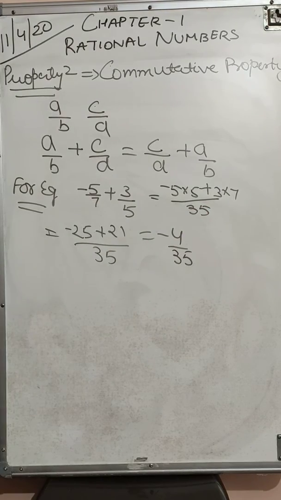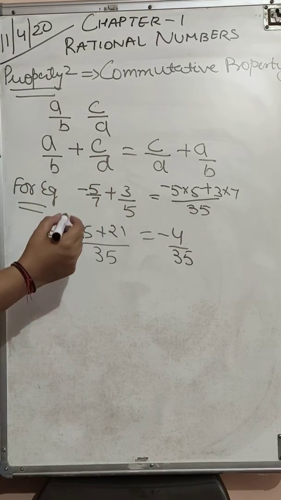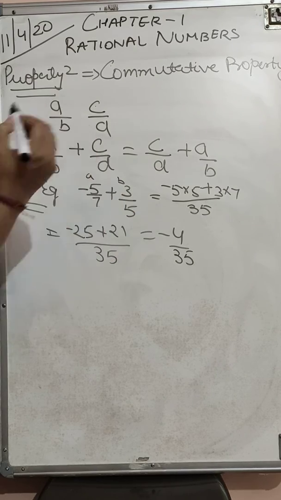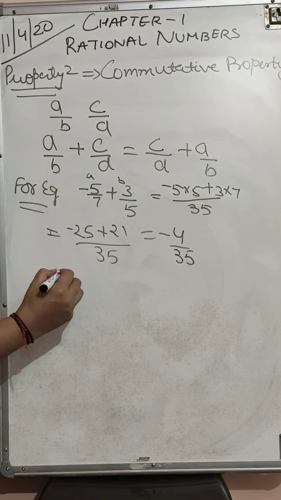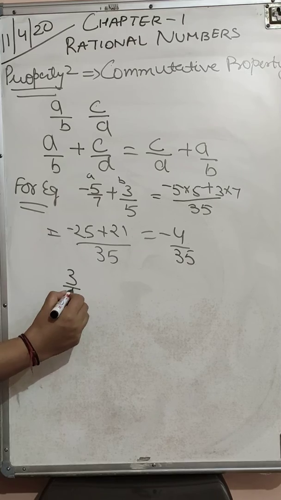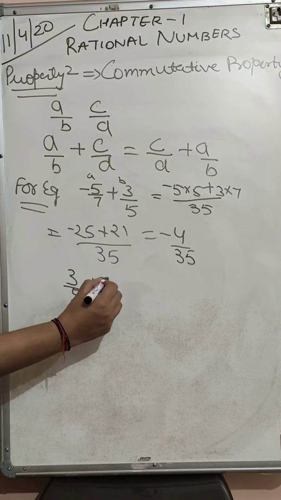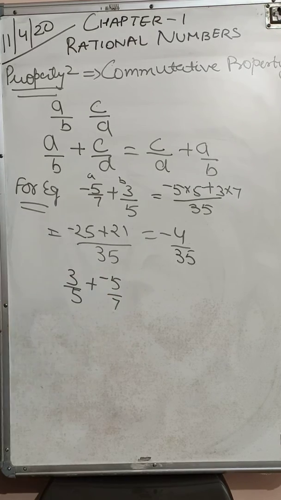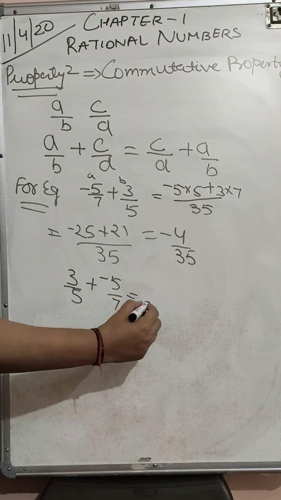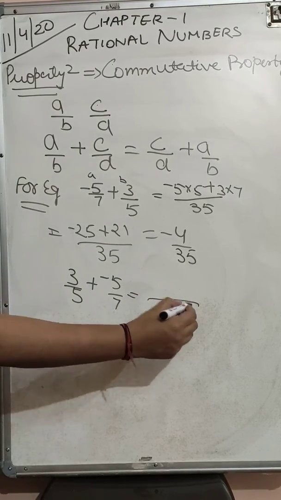Right? Now reverse it and solve it. This was A and this was B. Now reverse it. 3 upon 5 plus minus 5 upon 7. Solve it. LCM will be how much? 35.